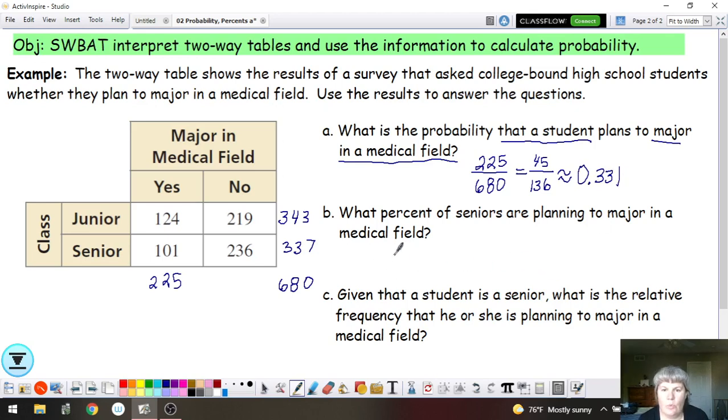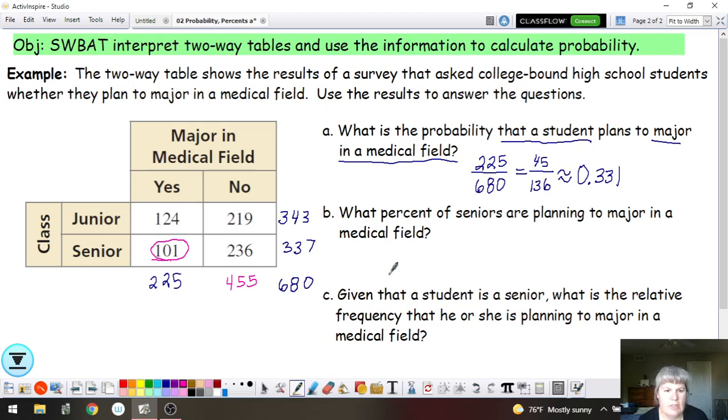The next question is, what percent of seniors are planning to major in a medical field? So I need to find, well, how many seniors are there? Actually, I didn't need that number. Now that I'm looking at it, I just need the seniors planning to major in a medical field. Seniors planning to major is 101.